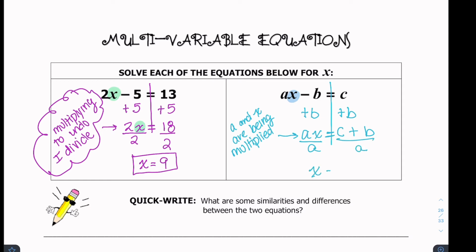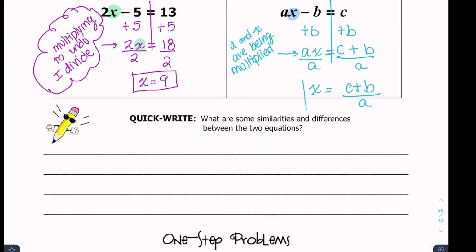So that x equals c plus b divided by a. This is my actual answer. And that's going to happen now. So what I want you to do, I'm going to look and see. I want you to state what are some similarities between these two equations and what are some differences. Okay?